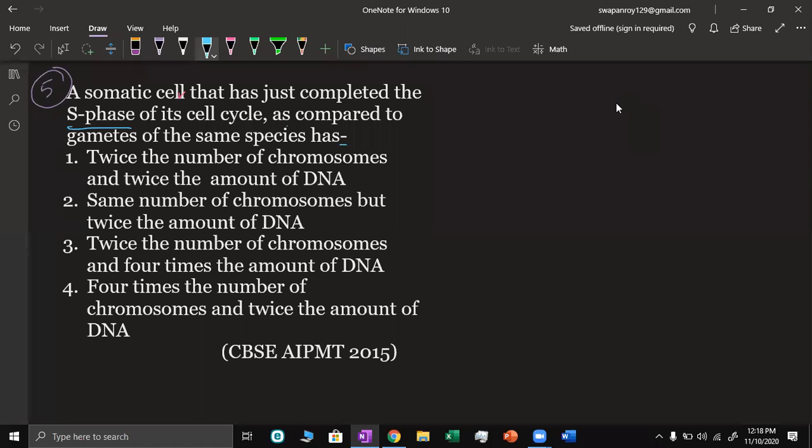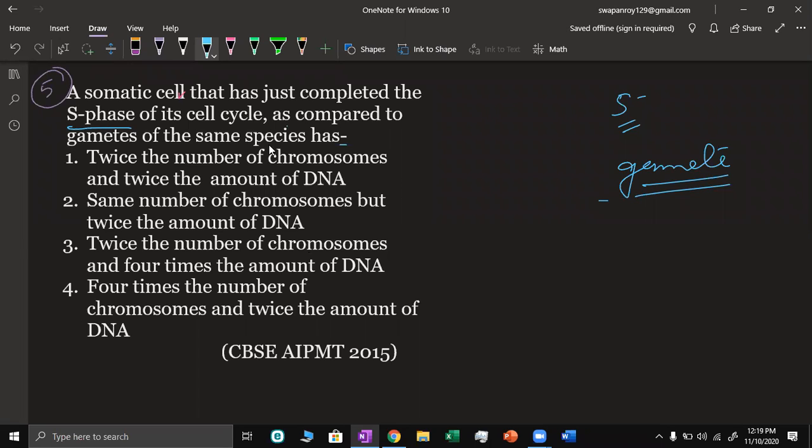The cell has completed S phase, and now if we compare this cell with the gamete of the same species, then what is true for this?